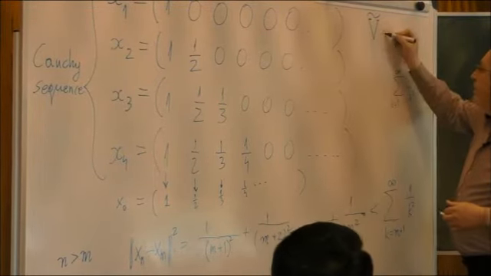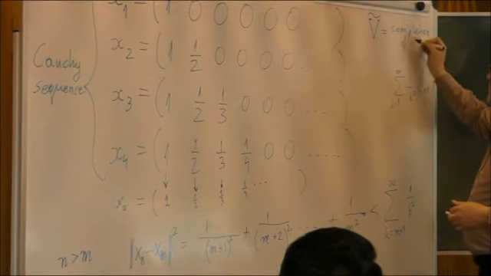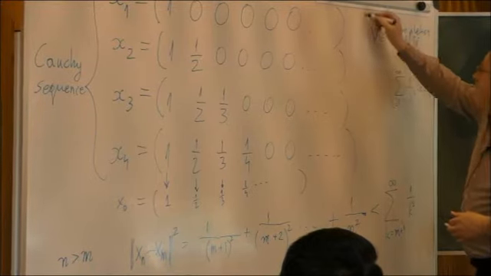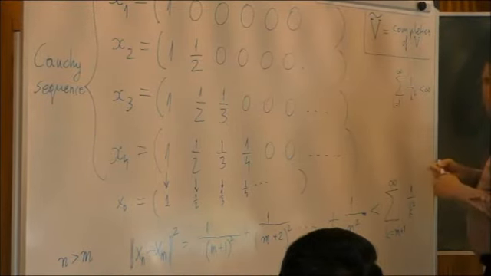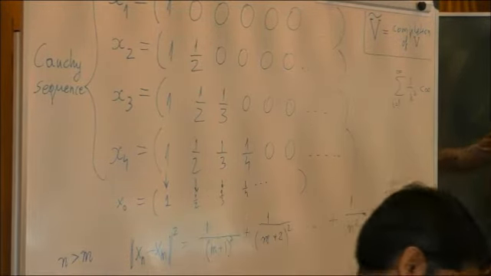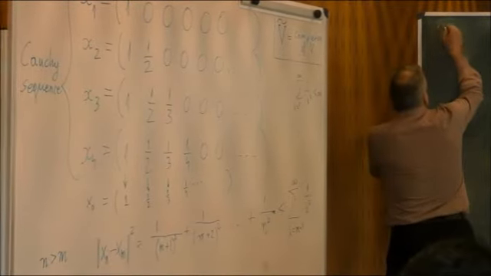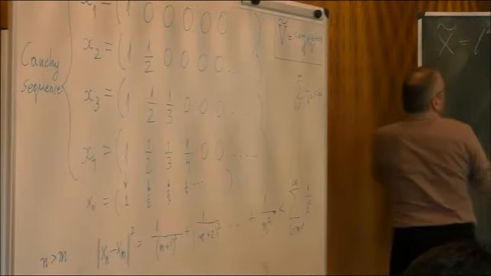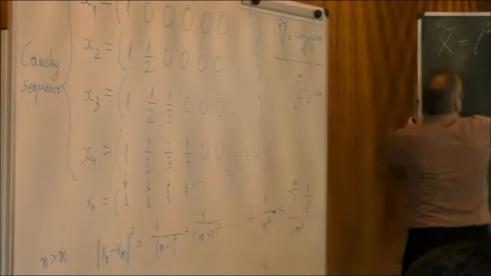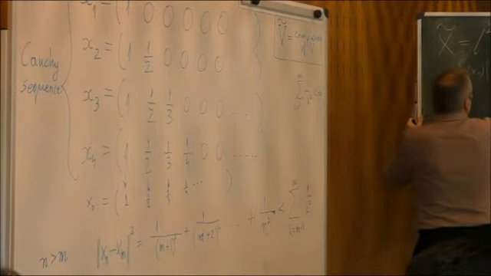So this is the completion of V. So in our specific case, the completion of this X would be a space called L2, which consists of all the sequences xn of complex numbers such that the sum of xn absolute value squared is finite.